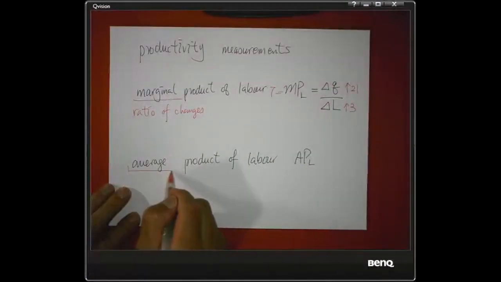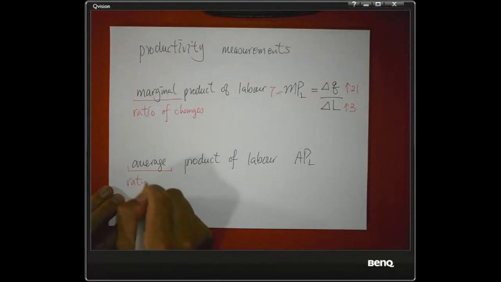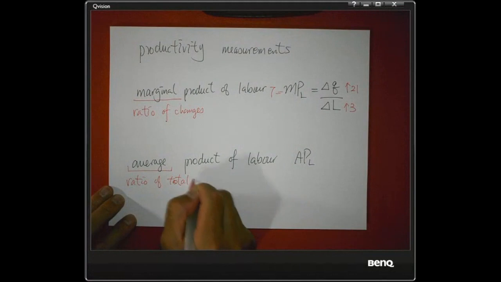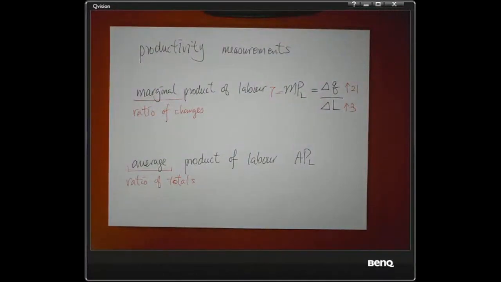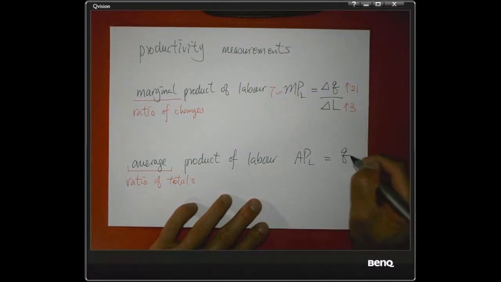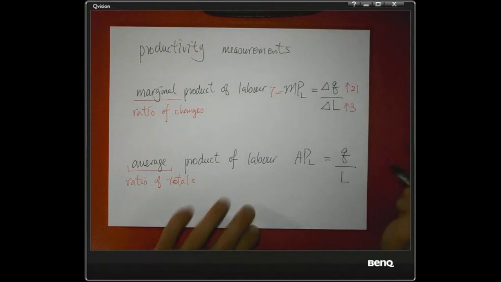Average, on the other hand, is the ratio of totals, not changes, which is defined as the total outputs divided by the total labor inputs.